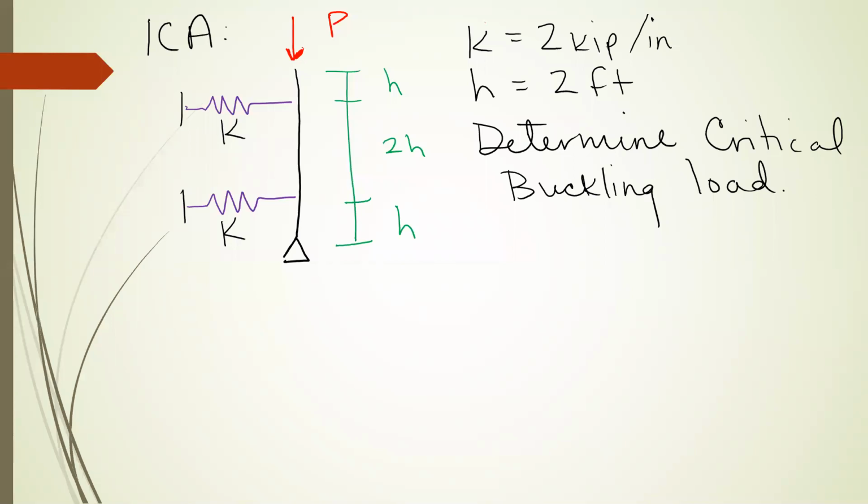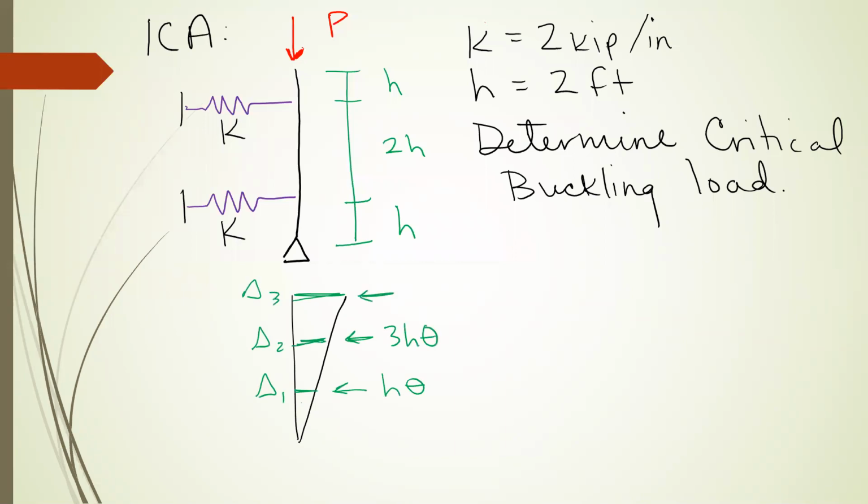Okay, so if we displace it like so, we're interested in these 3 deltas, delta 1, delta 2, delta 3. Delta 1 is equal to H times theta, 3H theta, 4H theta.